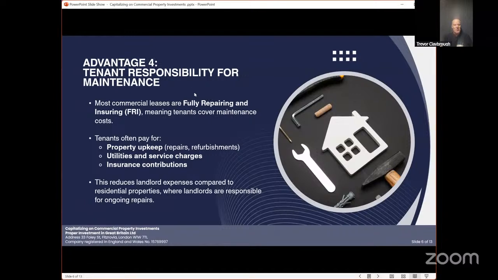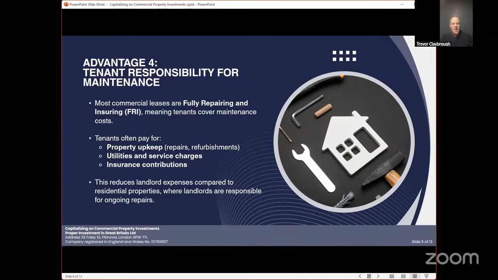Advantage number four, tenant responsibility for maintenance. Obviously, one of the things that residential landlords are often speaking about is boilers breaking down, problems with electricity, problems with plumbing, problems with damp, all sorts of different things. A lot of them, the landlord is responsible for fixing, for paying for, for organizing.